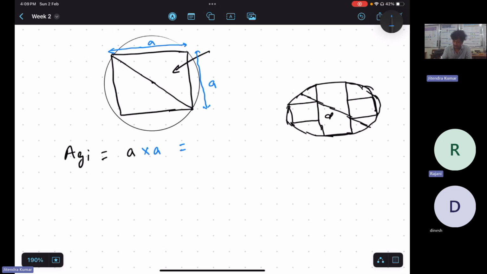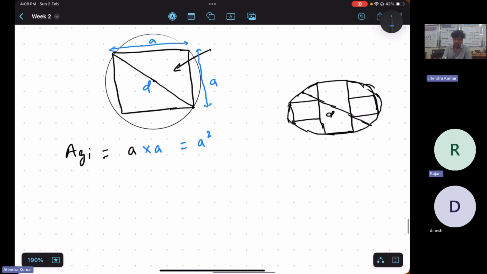A into A, A square. Now the diagonal D, can you relate it with A? Yeah, D equals root of A square plus A square, which is A root 2. So this is the gross core area.